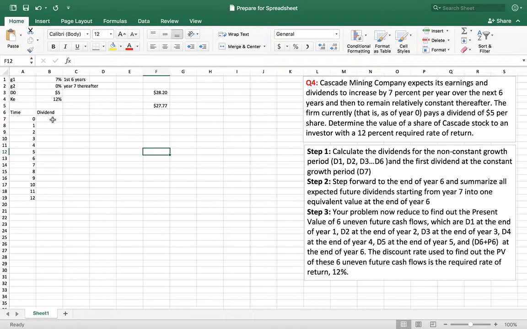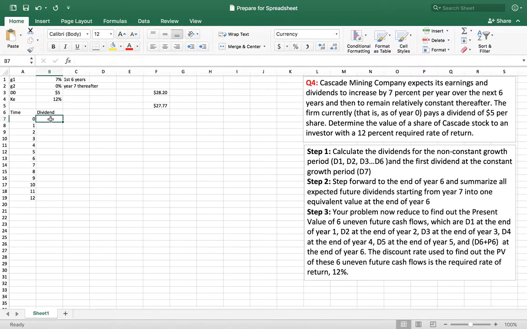The value in cell B7 represents the dividend at the current period, year 0, that is, D0, given in cell B3. Therefore, we can get the value of cell B7 by creating a cell reference.